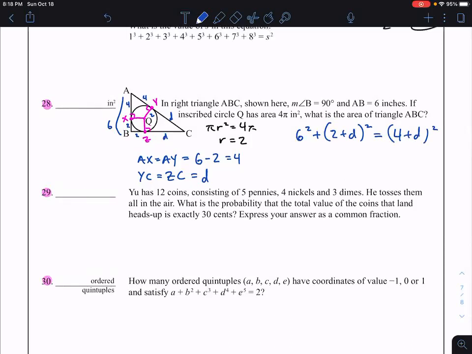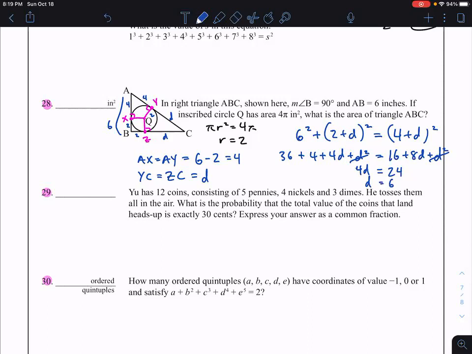Now we can expand this to get 36 plus 4 plus 4D plus D squared is equal to 16 plus 8D plus D squared. We can get rid of the D squared and move the D's to one side, and we'll get 4D is equal to 24. So that means that D is equal to 6.